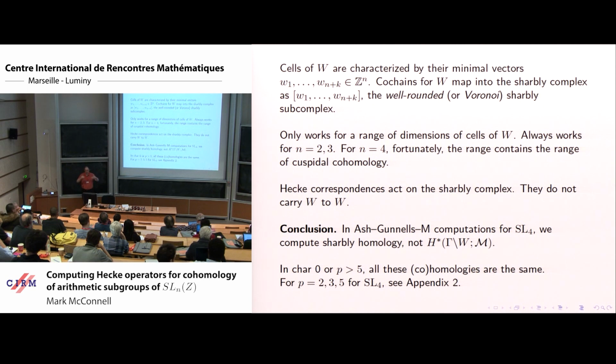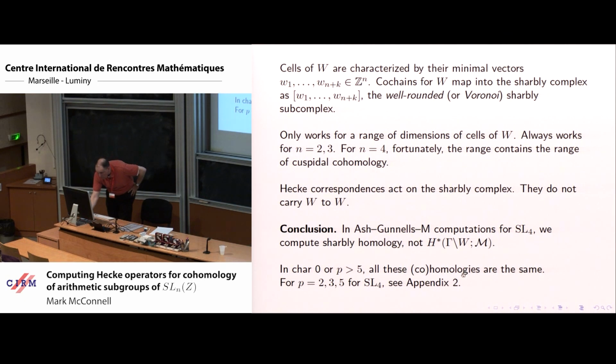The Hecke correspondences do not carry W to W. So for that reason, we used Steinberg homology rather than any kind of cohomology of the space itself to do our computations. Again, to repeat, in characteristic 0 and in any characteristic bigger than 5, these cohomologies are all the same, and please see Appendix 2 for the remaining 3 cases.